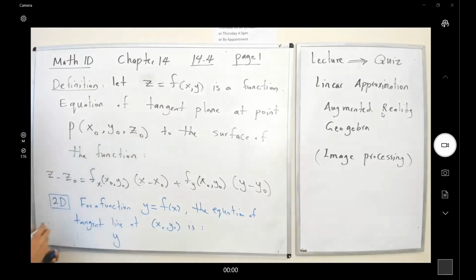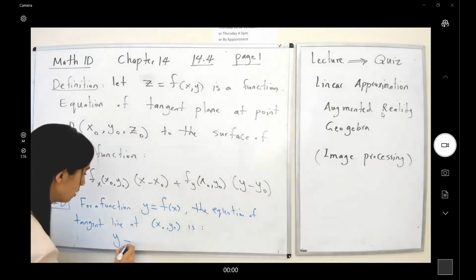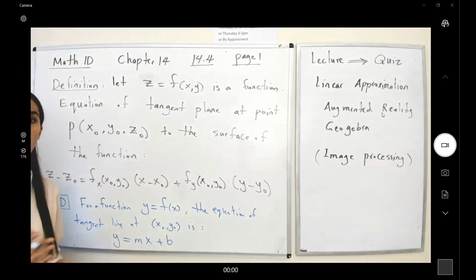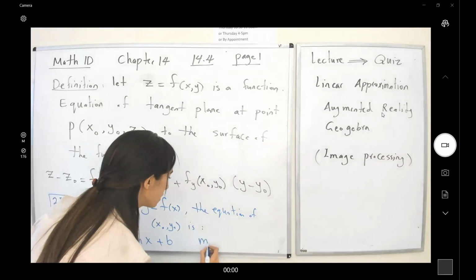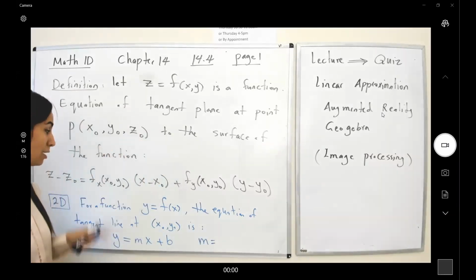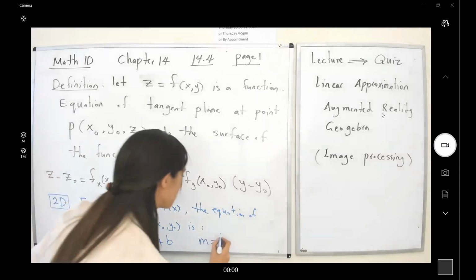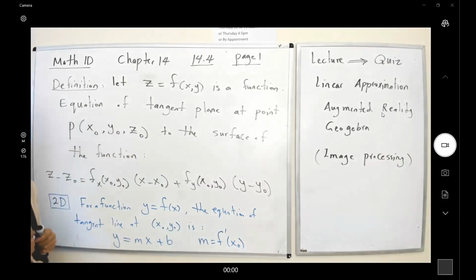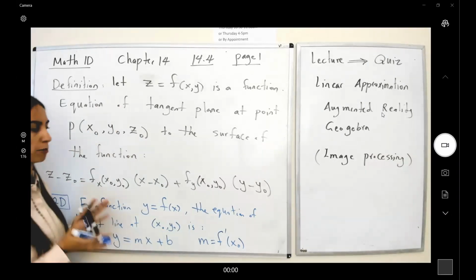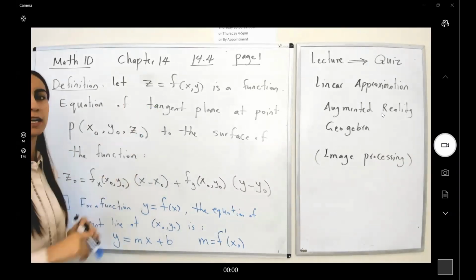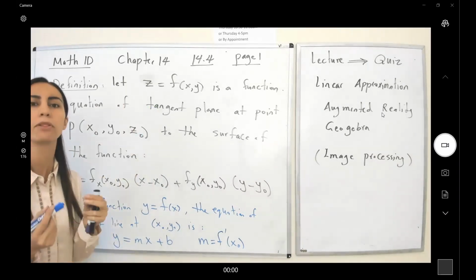You have y equals mx plus b. What is m? m is equal to the derivative of the function at that number. So we just generalize the idea from equation of tangent line to form equation of tangent plane.